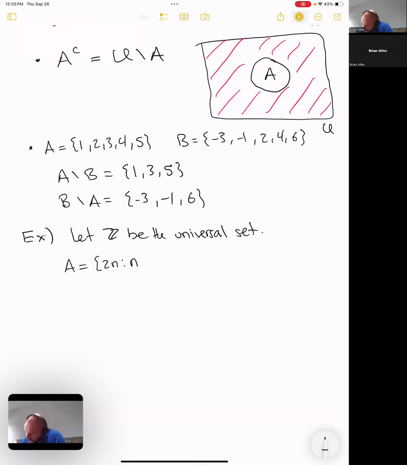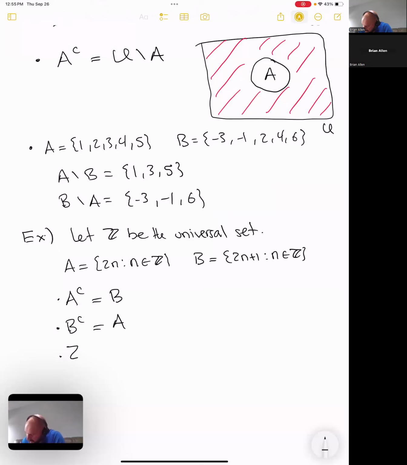So, if we go back to this example where I'm doing even and odd integers, then we can notice that A complement is actually B. If I look at all elements in A and then look for the complement, I'm looking for everything that's not in A. But if you're not an even integer, then you must be an odd integer. So that's B. Similarly, if you do B complement, you get A. Okay.